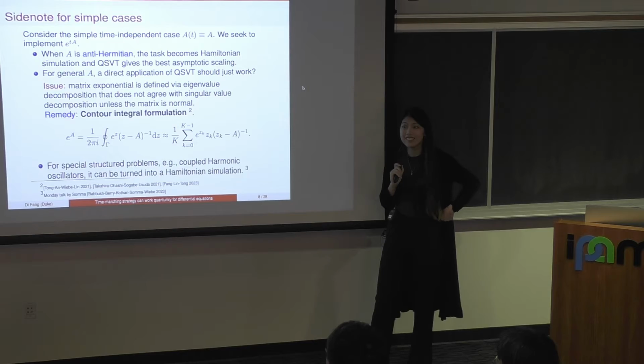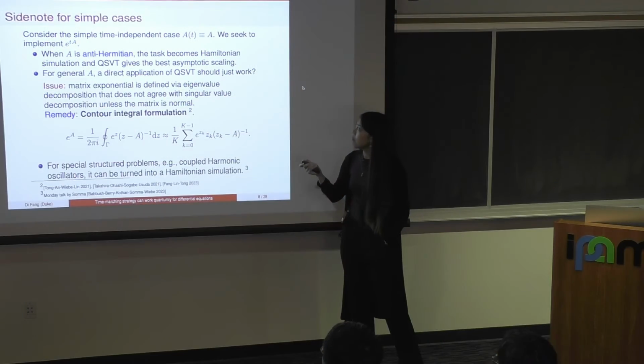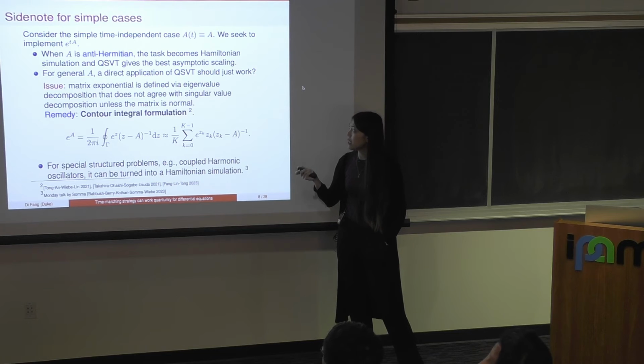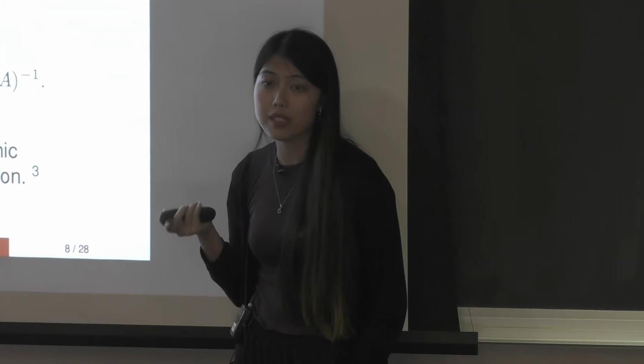Any other questions? Please. So the anti-Hermitian part is the best asymptotic scaling, and the Hermitian part, if A were Hermitian, then it's... Yeah, that's a great question. So when will the singular value decomposition agree with eigenvalue decomposition? As long as the underlying matrix is normal.